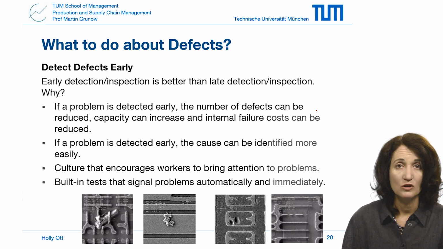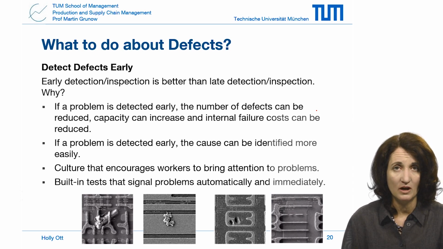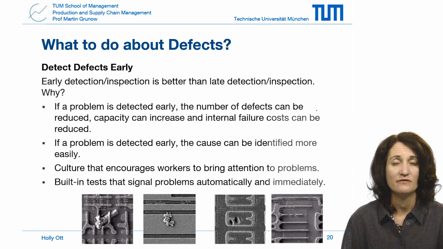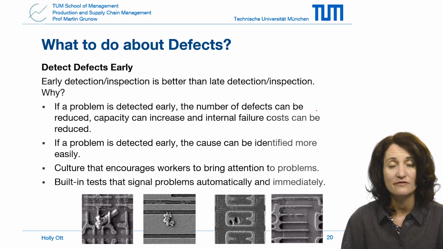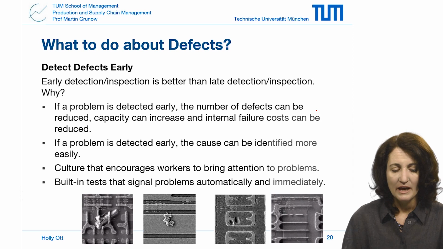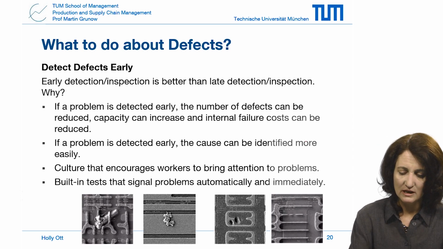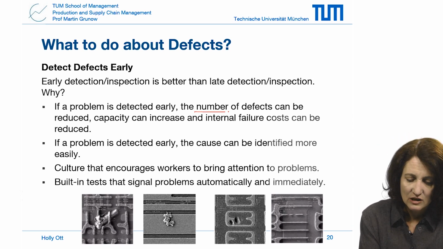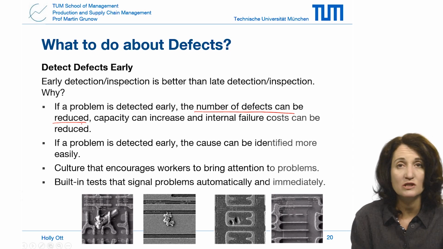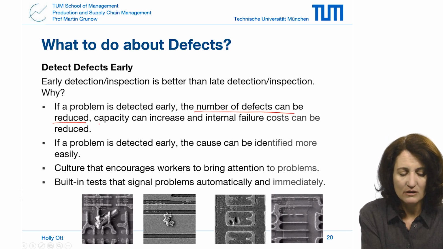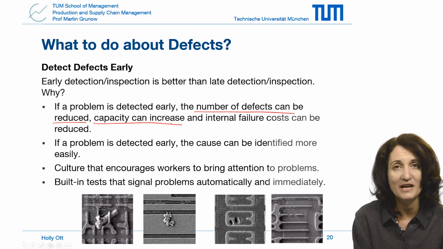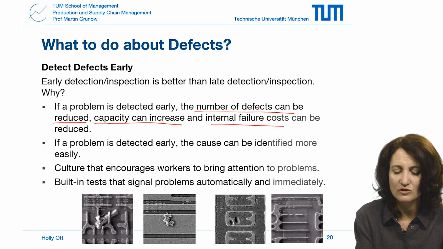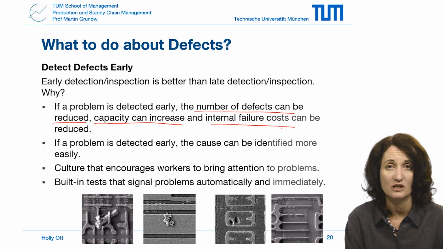First of all, we're losing our cost of our materials for any defective that's produced, and we're going to be then using even more capacity and manpower if that defect continues through the process. And if it's detected early, then the idea is that we can quickly look into it, reduce the number of defects. We can then get rid of those defective parts, and the capacity can be increased, and we'll reduce all those internal failure costs that we talked about.